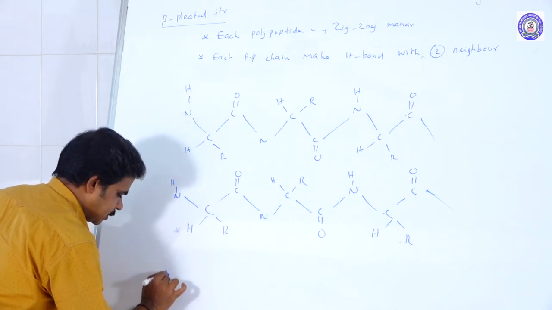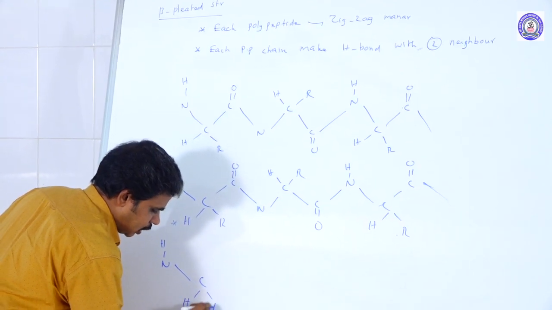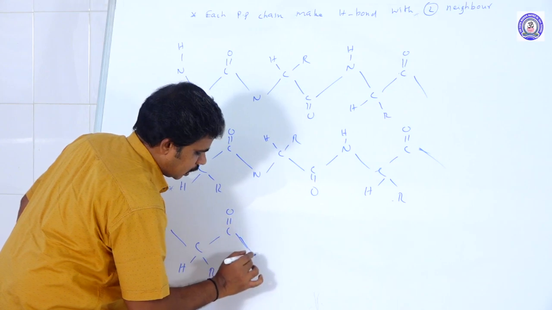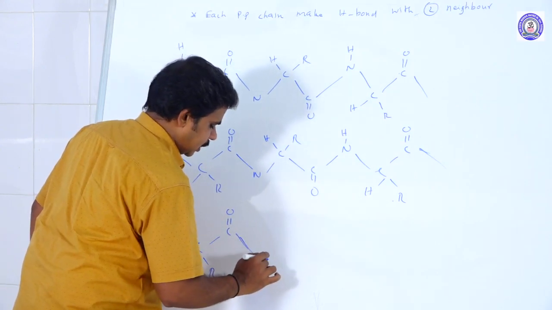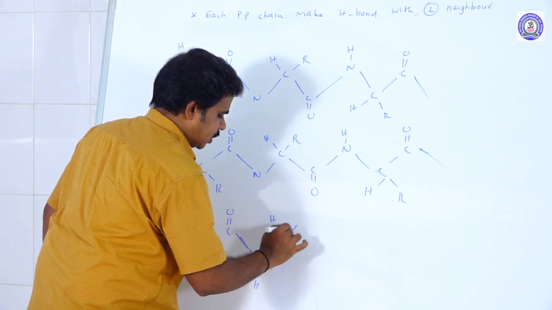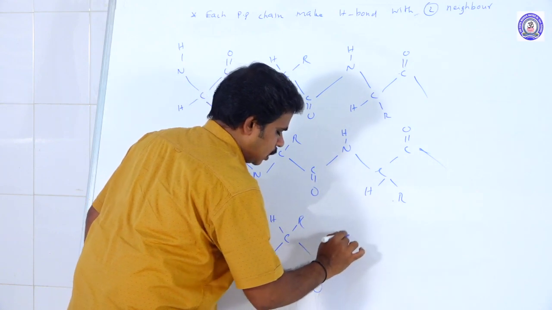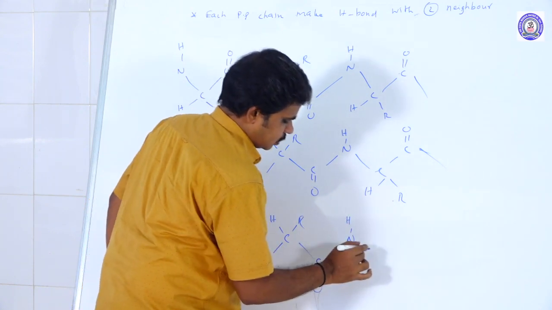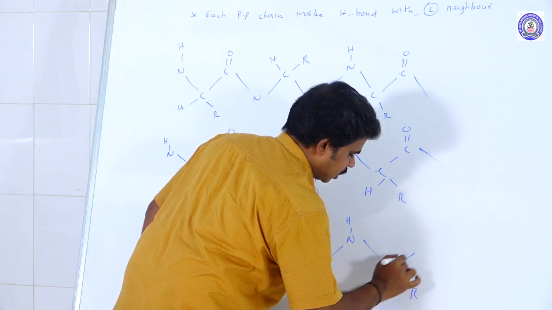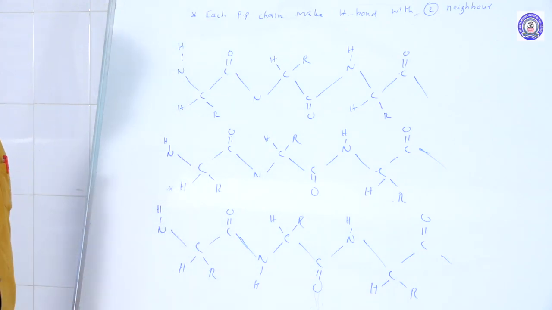Here it is NH and C, H and R group, C double bond O, and NH, C, H and R, and C double bond O. Now it is the structure.